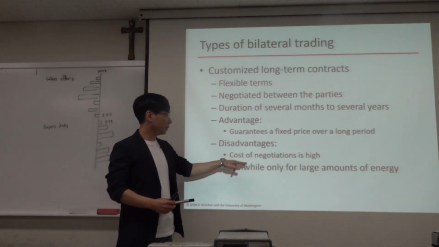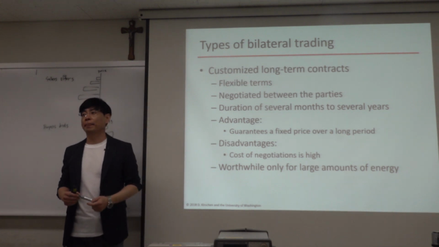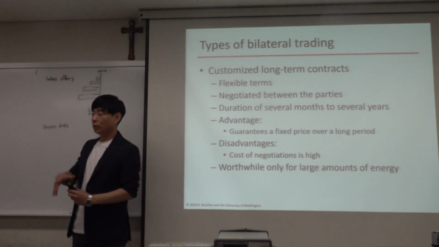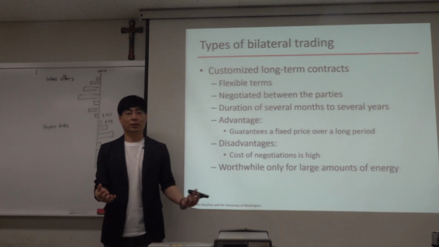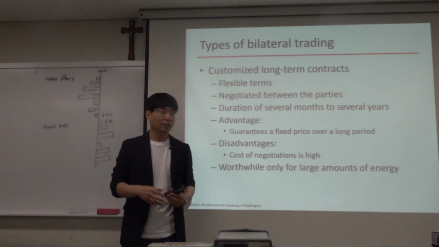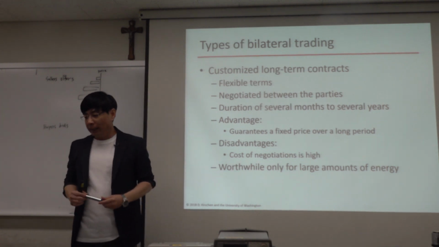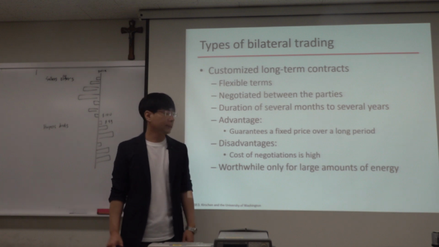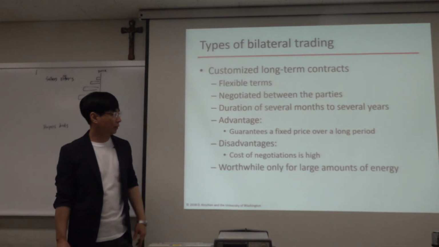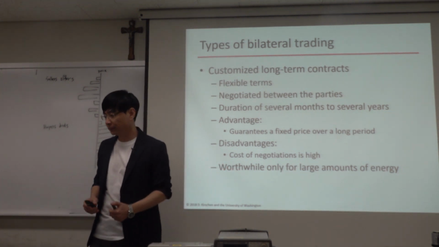Disadvantage, the cost of negotiation is high. The seller wants to sell at a very high price. The buyer wants to buy at a very low price. They need to negotiate. Okay? So this is because it has a lot of negotiation cost. It is worthwhile only for a large amount of energy.